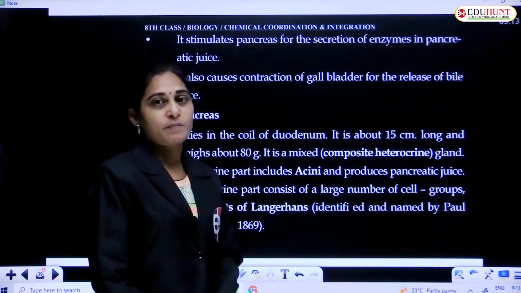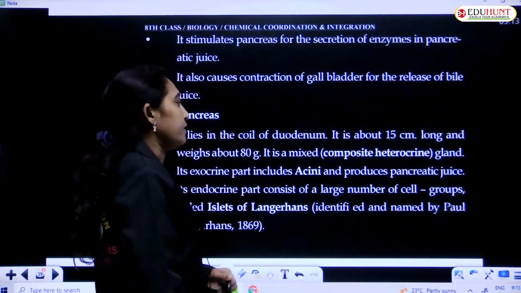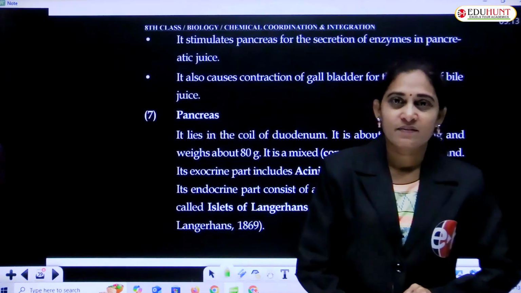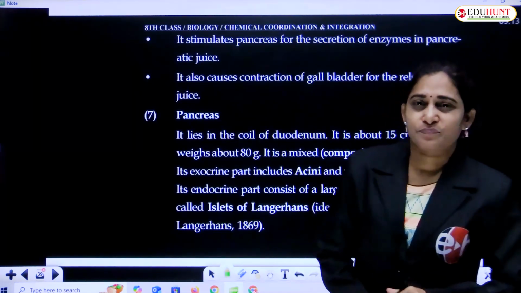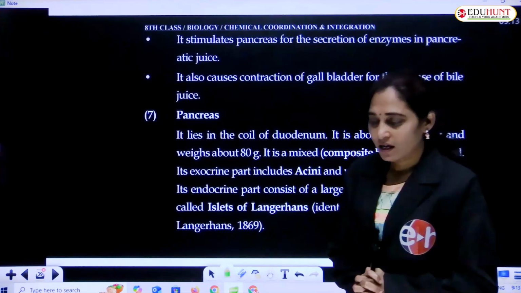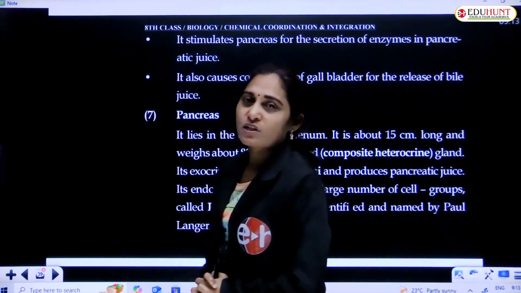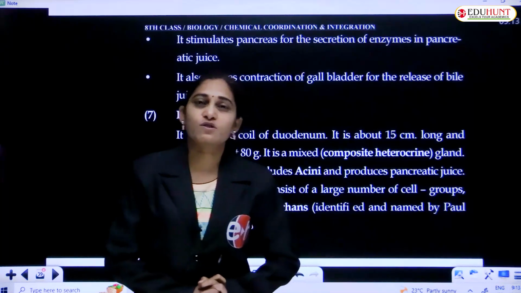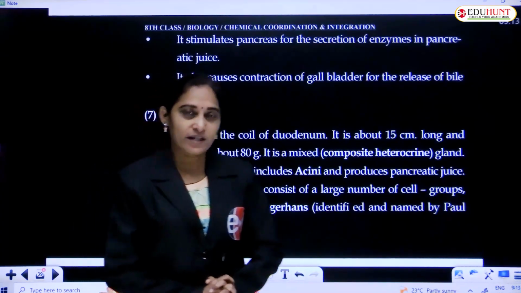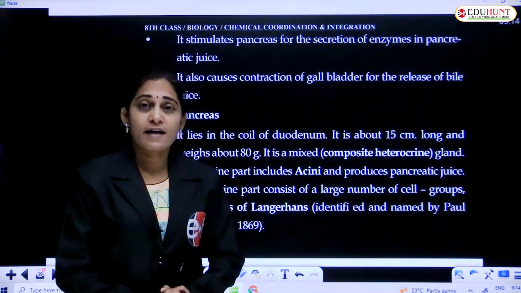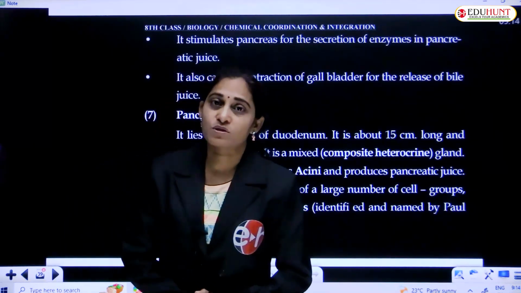We have seen the pituitary gland and other glands like the thymus gland, anterior pituitary, posterior pituitary. We have seen the secretions of these glands influence other glands to secrete hormones.